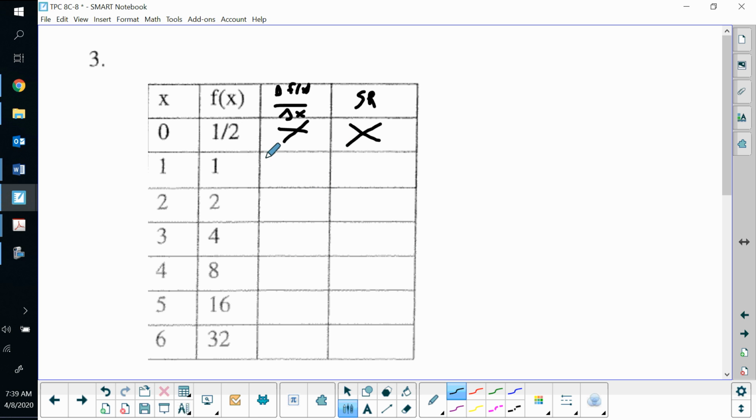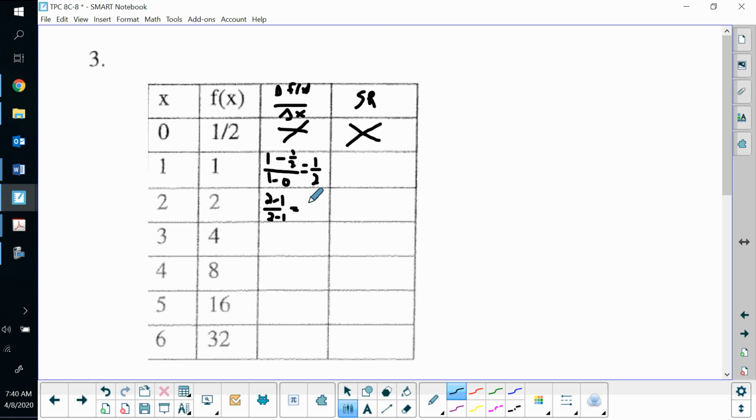So our slope, change in y over change in x, we'll start with this y value, 1 minus the y value before it of a half, over 1 minus 0. 1 minus a half will give us a half over 1, so it's just a half. Next one, we'll start with this y value of 2 minus the 1 y value before it over 2 minus 1.